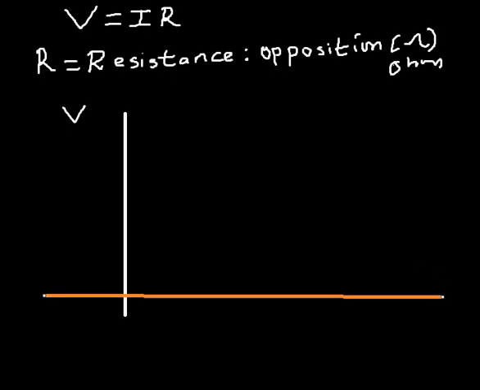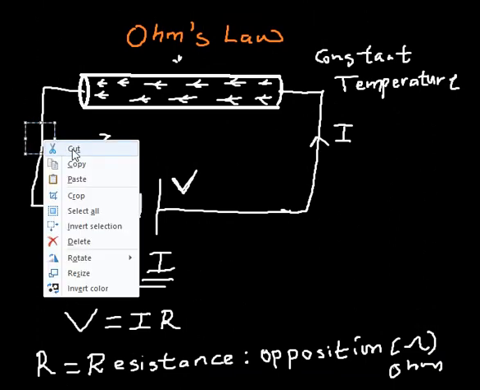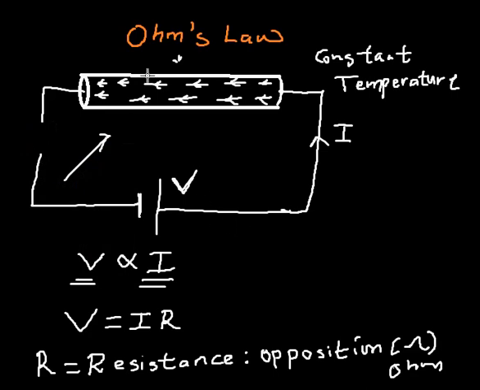To illustrate how that happens, in series with the conductor, I have to measure the current, and the device that I will use to measure the current is the ammeter.